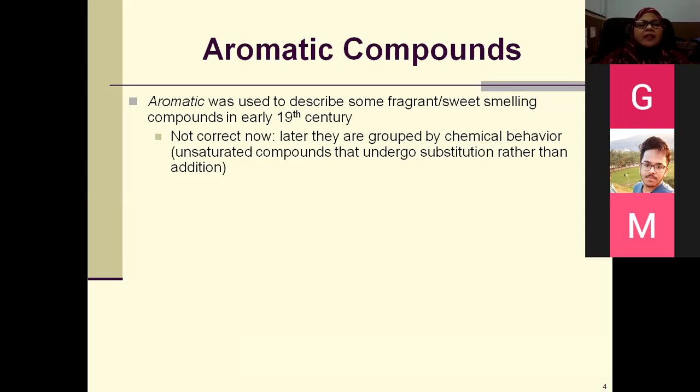Chemical behavior means these aromatic compounds are unsaturated. What do you mean by unsaturation? Double bond, triple bond. Yes, very good. A compound containing a double bond or triple bond is known as unsaturated, and saturated means they contain only single bonds.